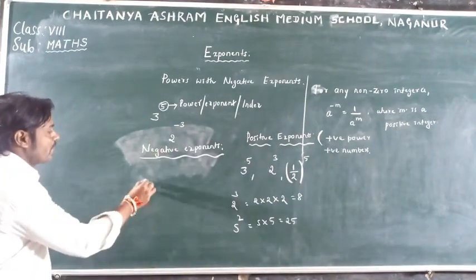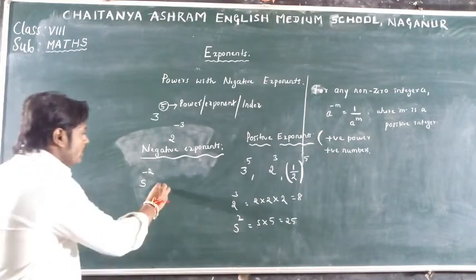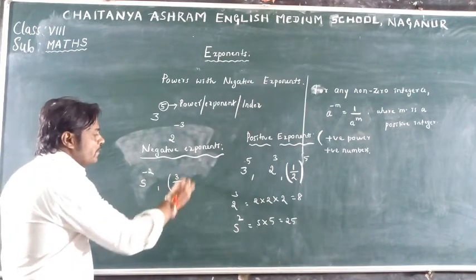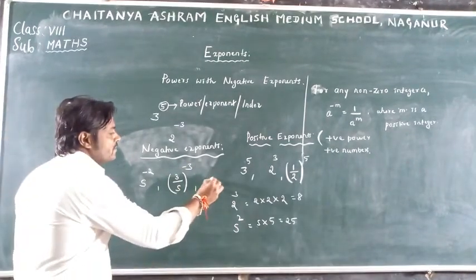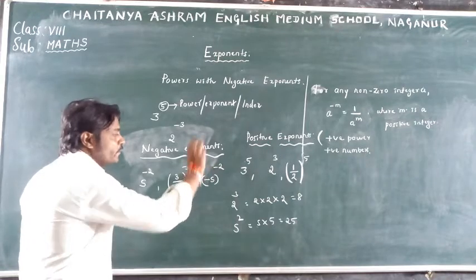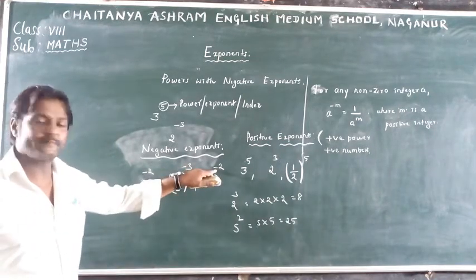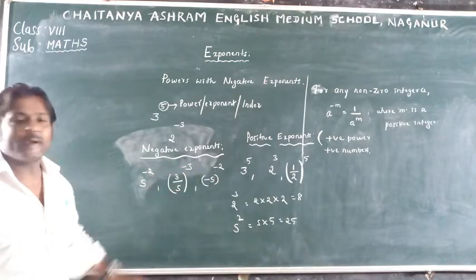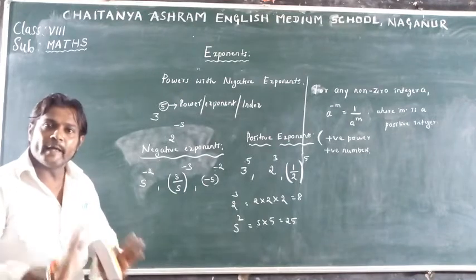For example, 5 to the power minus 2, (3/5) raised to the power minus 3, and minus 5 raised to the power minus 2. Observe, just the powers are negative, so such exponents are called negative exponents.